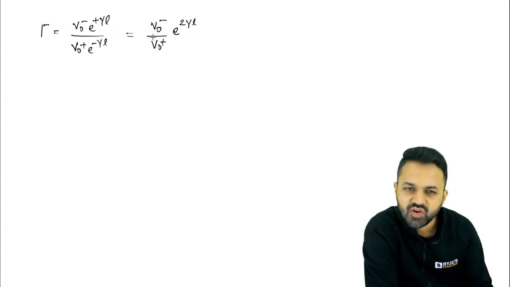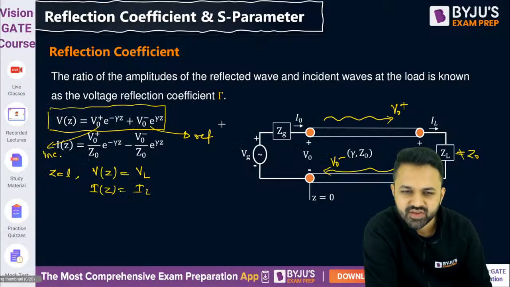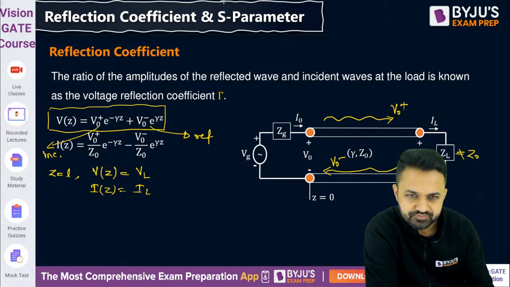Now, how do you calculate the ratio of V naught minus and V naught plus? For that we will use these two equations.